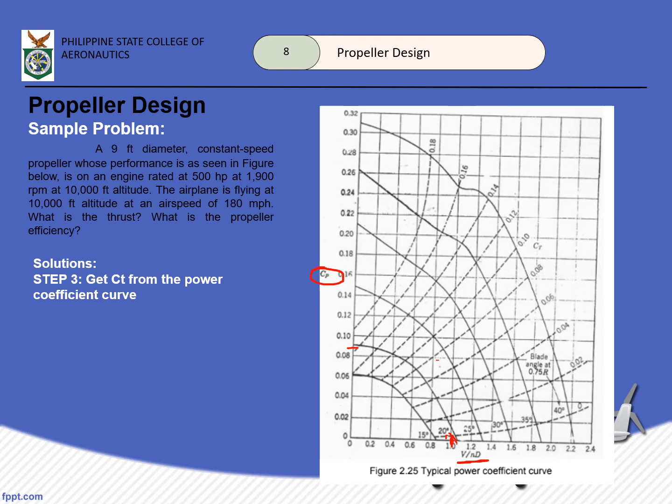We can say it is close to 0.08, and it falls under which blade angle?